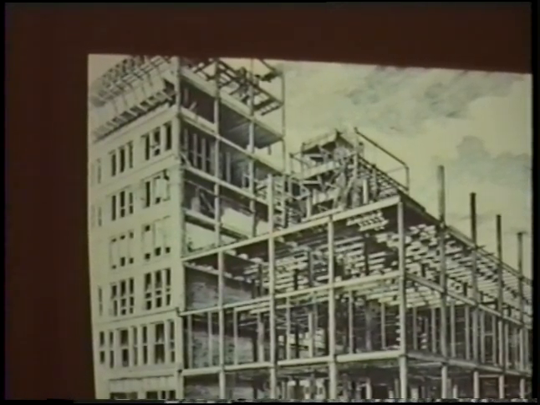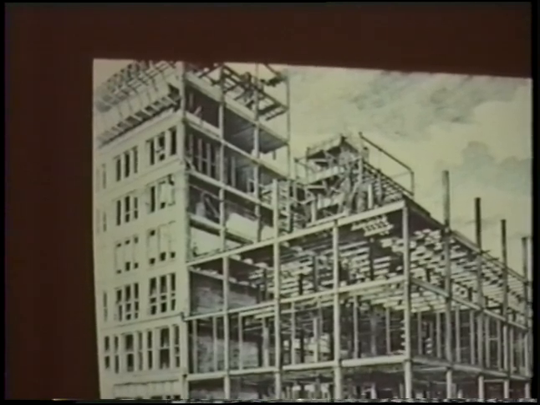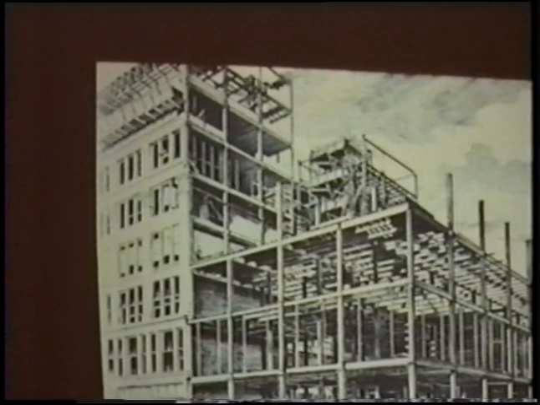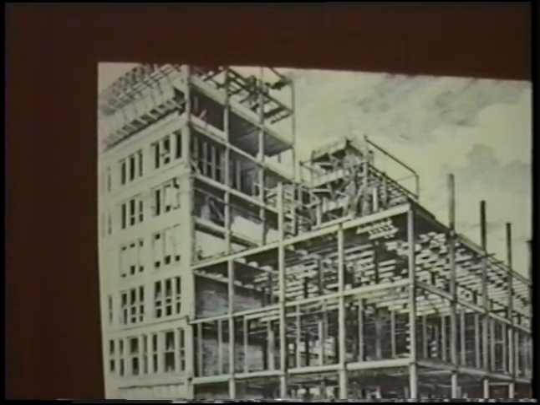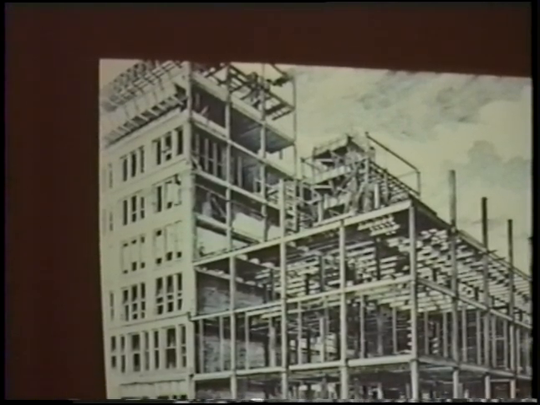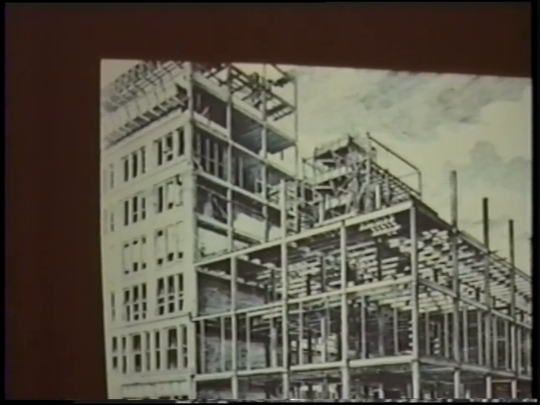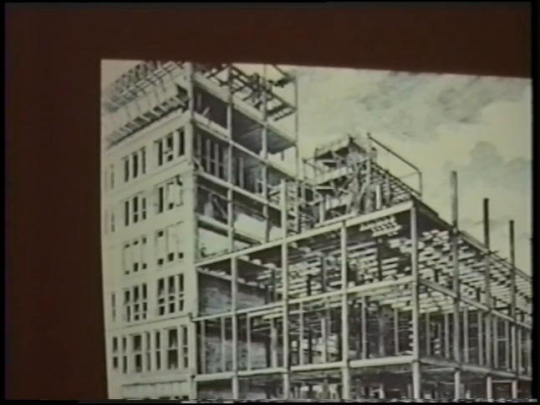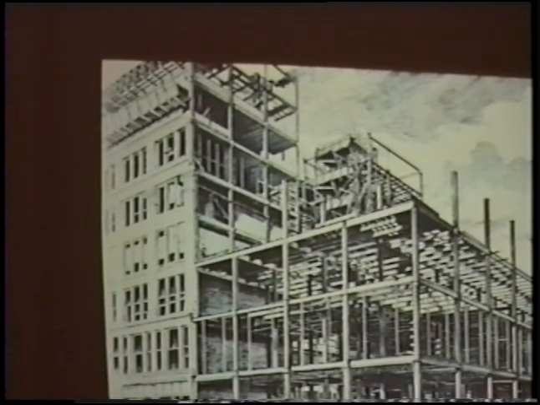Because the columns and the beams are all in the same plane in the structure itself, and this seems to reflect that simply by the wall treating everything the same. It's all out on one plane rather than having bay windows or other things that stick out from it. So it's a very straightforward expression of what's happening in the structure underneath.